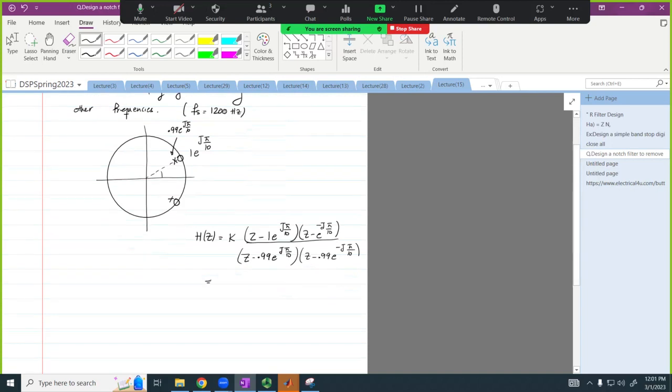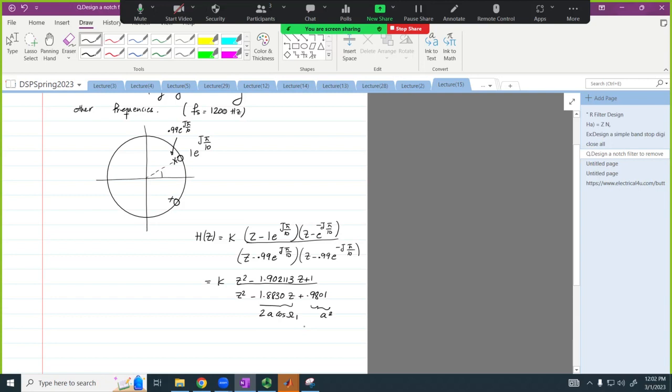This is going to equal k multiplied by z squared minus 1.9 and so on. This is the same numerator we had. And this is the new denominator, z squared minus 1.8830 z plus 0.9801. This corresponds to 2a multiplied by cosine omega 1, and this corresponds to a squared.